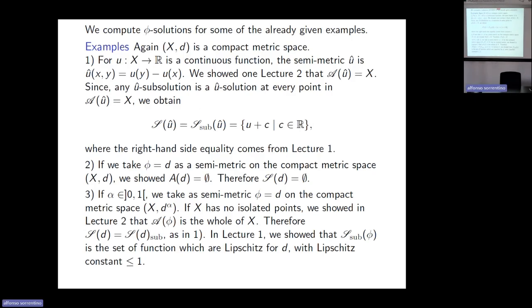Now, let me speak about the example. X is a compact metric space. So we start with the U-hat case. We showed that the Aubry set is everything, since any U subsolution is a U solution at every point. We obtain that SU is equal to the subsolution, and as we saw before in this example, the subsolutions are just U plus constant.